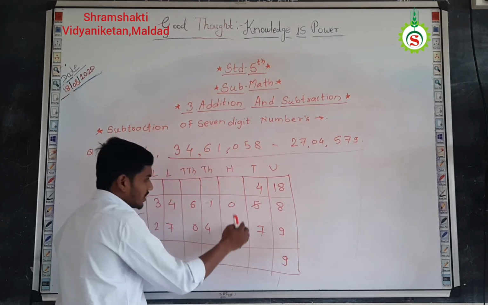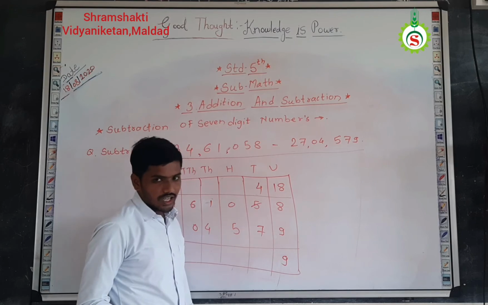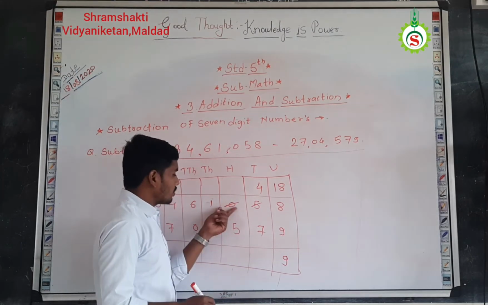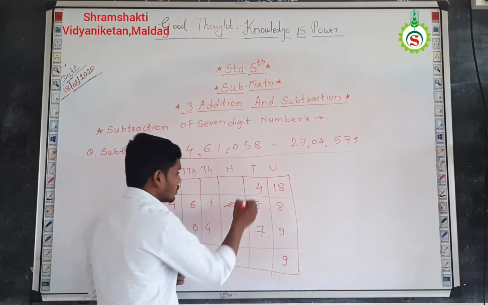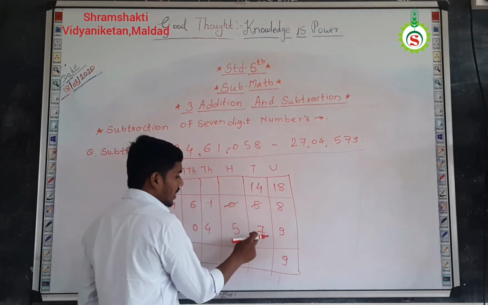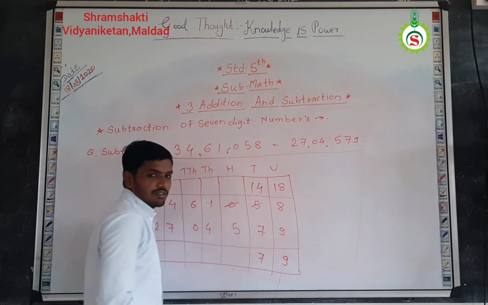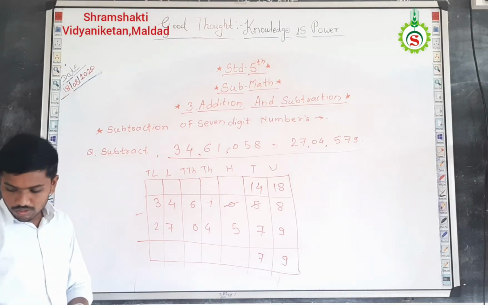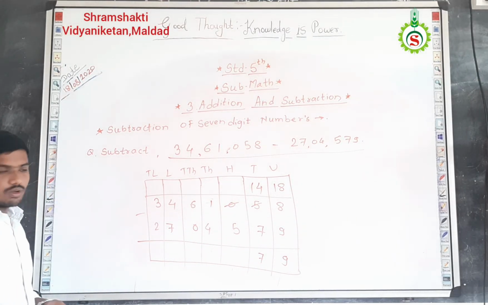Now next case, 4 minus 7. Again it is not possible. So it has to take one borrow from the 0. So if we take one borrow, it will become 14. 14 minus 7, answer is 7. Now for the 0, what do you have to do?